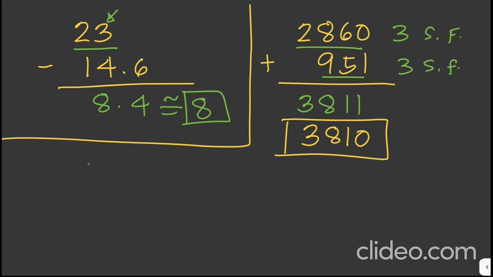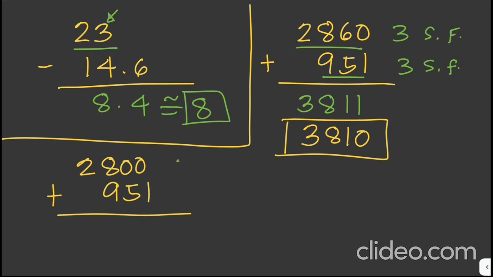Okay, what if we're given this one, 2,800 plus 951? In this case, the first number has 2 significant figures, while the second one has 3 significant figures. So the least number of significant figures here is 2.